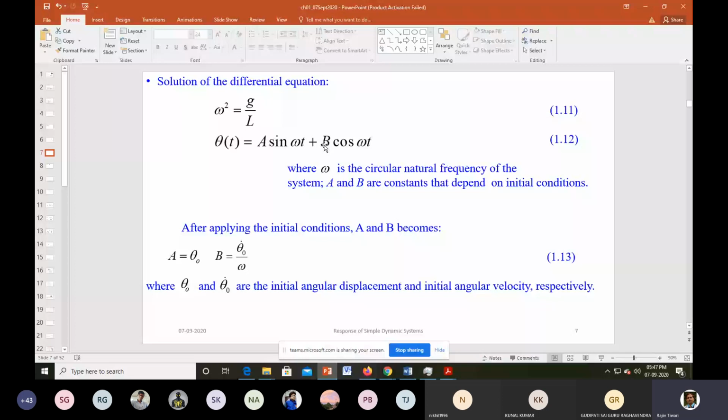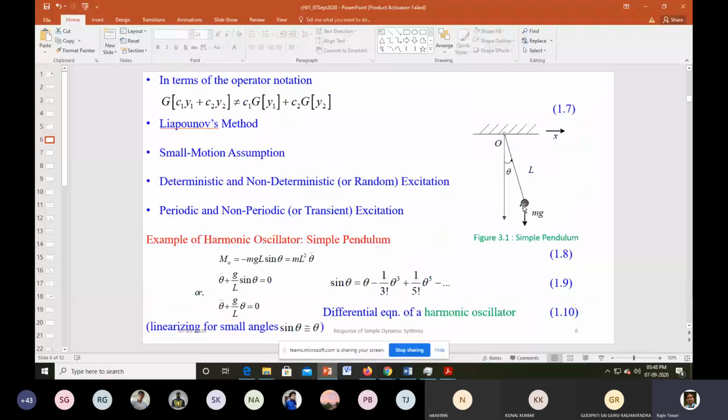Omega is the frequency of oscillation, because when we disturb this pendulum and leave it to oscillate, it will oscillate with its natural frequency. So this is nothing but the natural frequency of the pendulum.